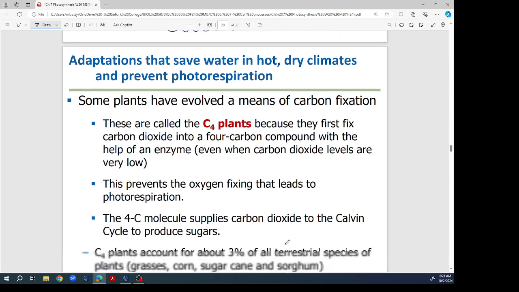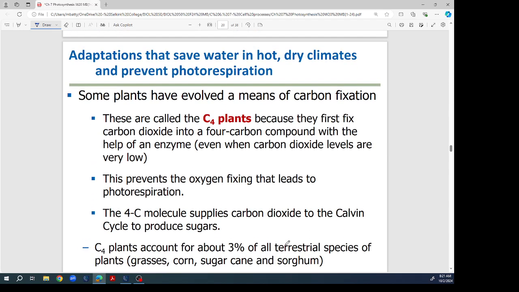So the two ways are C4 and CAM. Remember, most plants are C3 plants, and that's sort of the regular process. But when we have hot, dry climates, these adaptations have evolved. The C4 plants work when the stomata are closed. They're going to take the carbon dioxide and fix it.